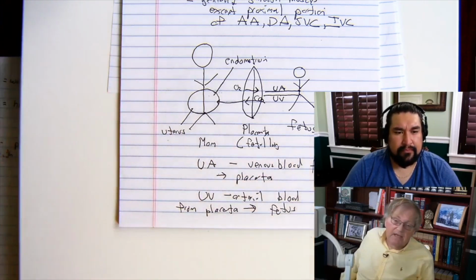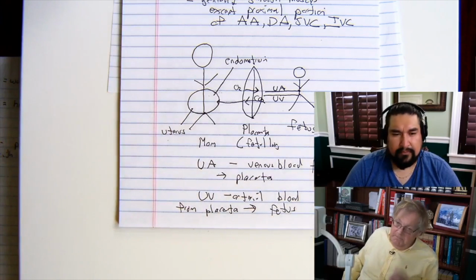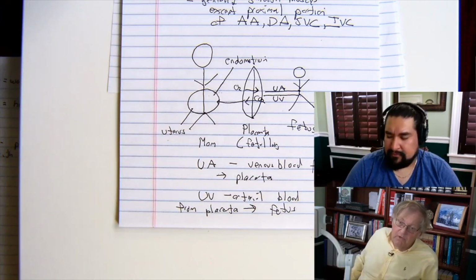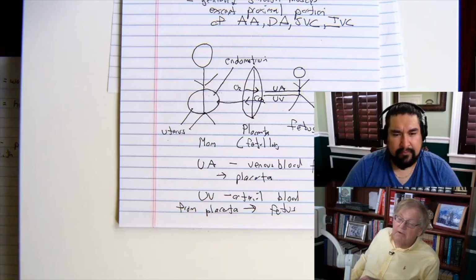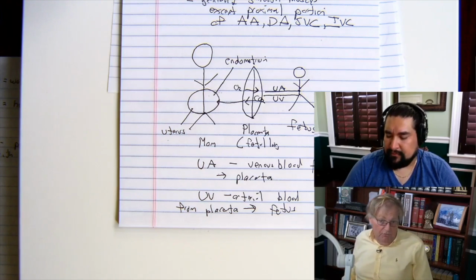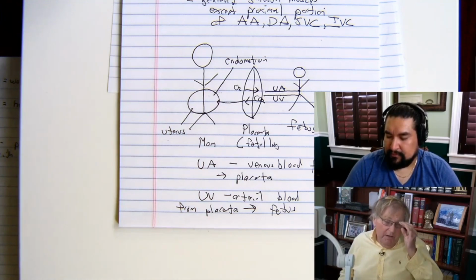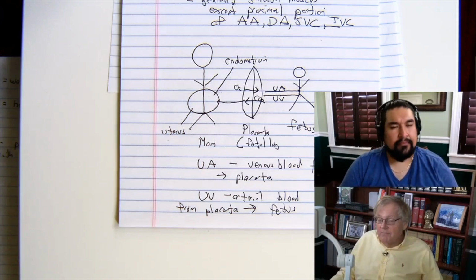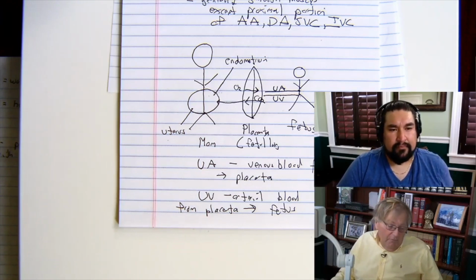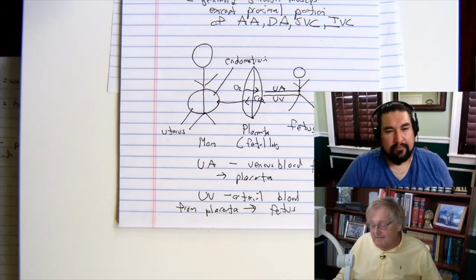And there are variations on that. Some people have one umbilical vein and one umbilical artery. Some fetuses have two veins and one artery. Some have one vein and two arteries. Some have two arteries and two veins. And if we were studying embryology, we'd probably see some malformations and other abnormalities associated with that.